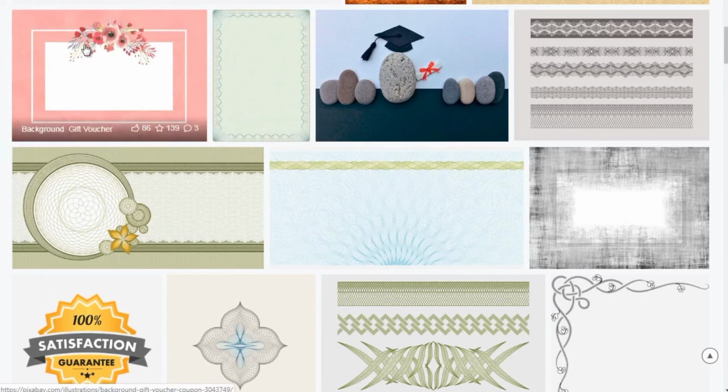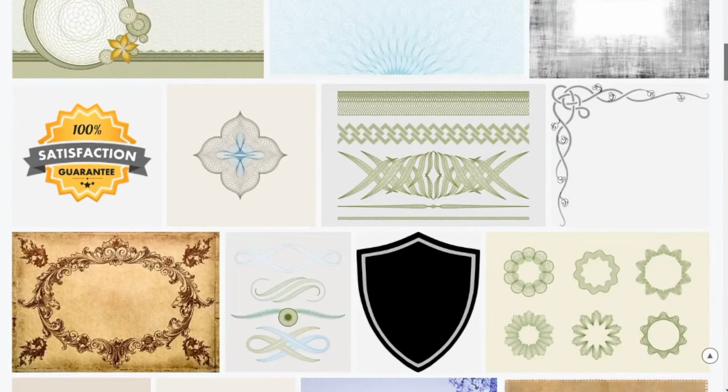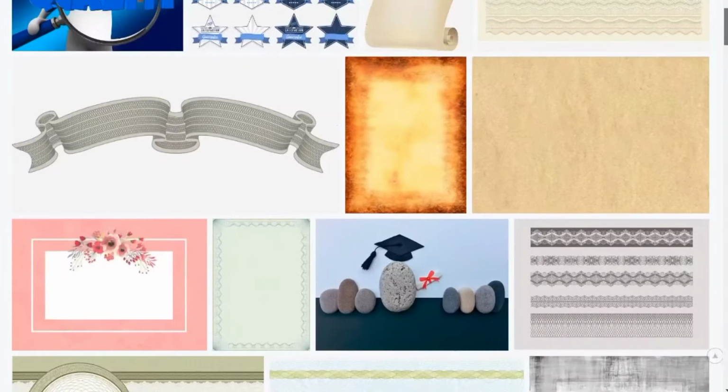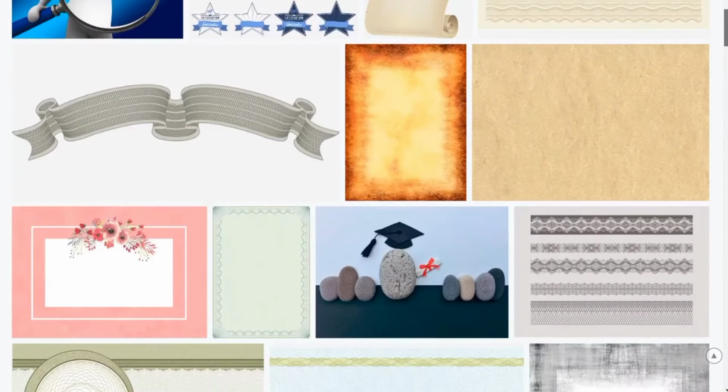So it's okay to have some words, but you do want to have some bare spots. So for example, if you had a certificate that had a lot of words like this, that would not work. So all you need to do is simply download one of these.